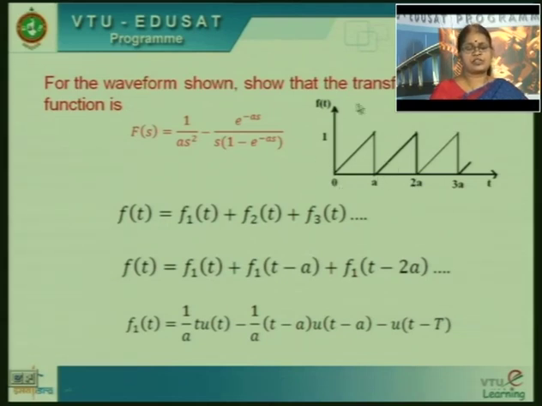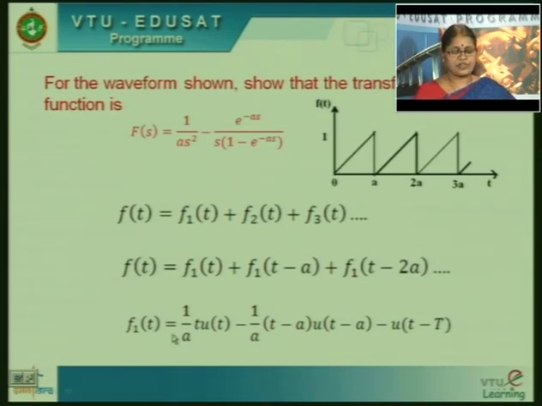If you look at this waveform, it is a Sawtooth waveform whose slope is 1 by a. If you write the equation for the first cycle of this Sawtooth waveform, which we call f1 of t, f1 of t can be obtained by adding three signals. What are the three signals? The first signal is a ramp signal starting at time t equal to 0 and having a slope of 1 by a.